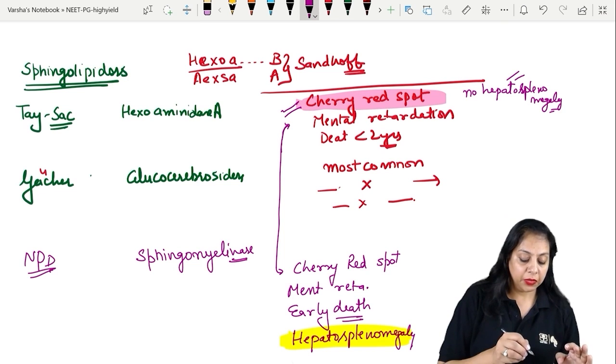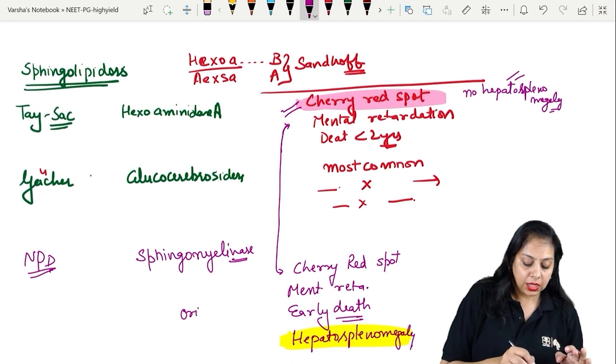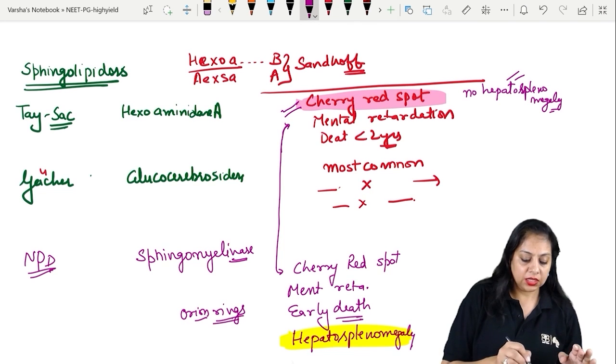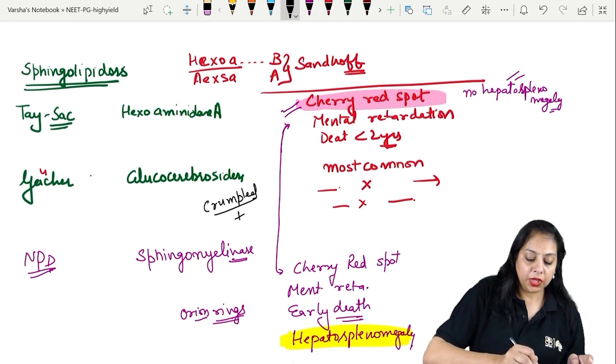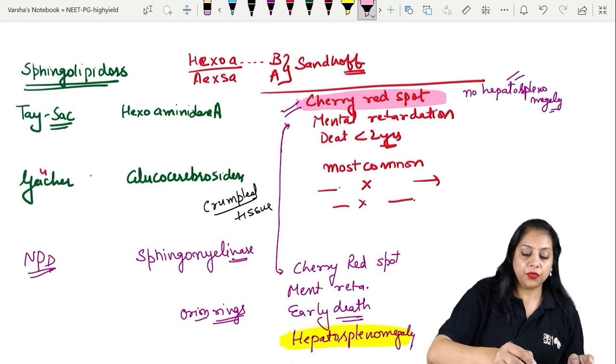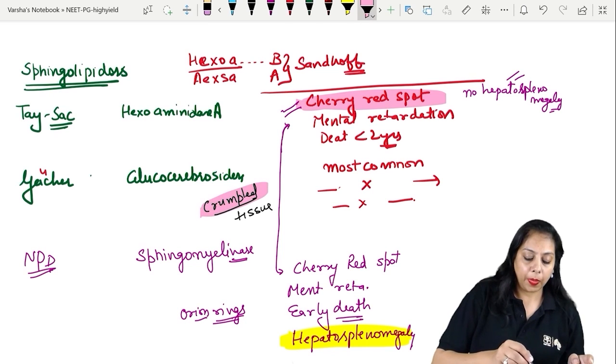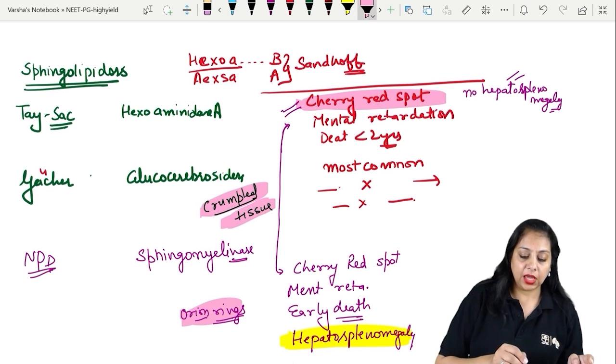In the Niemann-Pick disorder, you will find the onion rings, whereas in the Gaucher you will see the crumpled tissue paper appearance. These are the keywords you should be looking for in the given clinical case scenario.